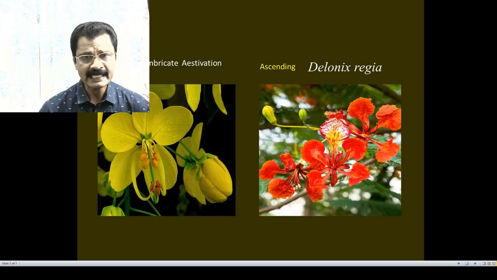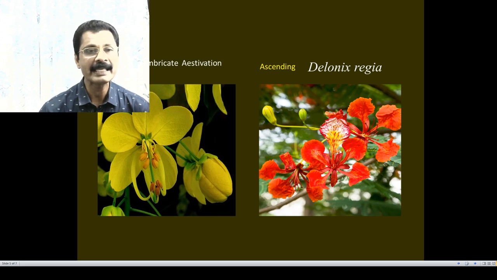The remaining 3 sepals or petals are in and out position. Here the important thing is the anterior sepal or petal is completely outside. Such a type of imbricate estivation is called ascending imbricate estivation. You can see it in the case of Delonix regia, otherwise called Gulmohar.